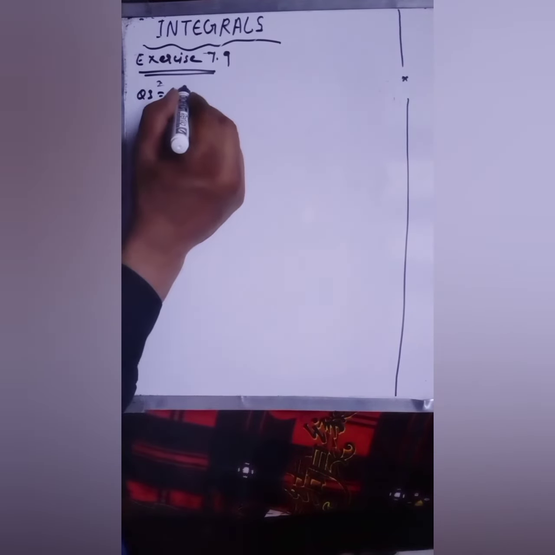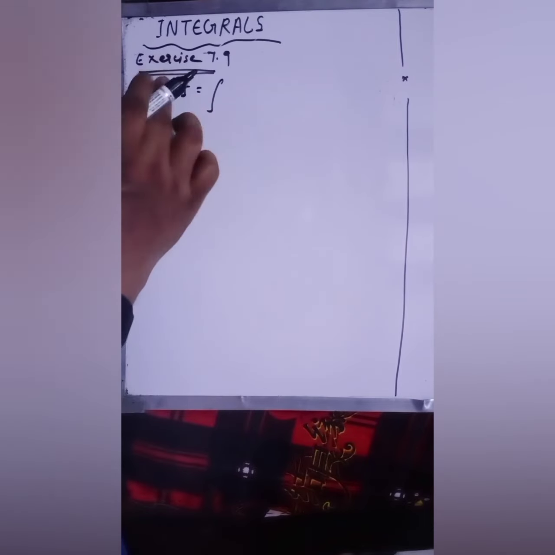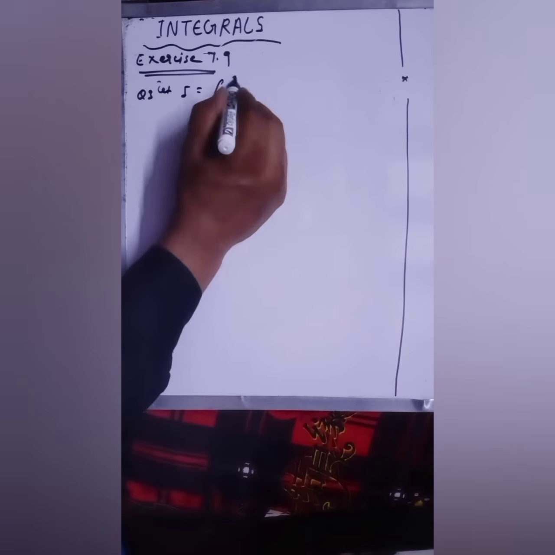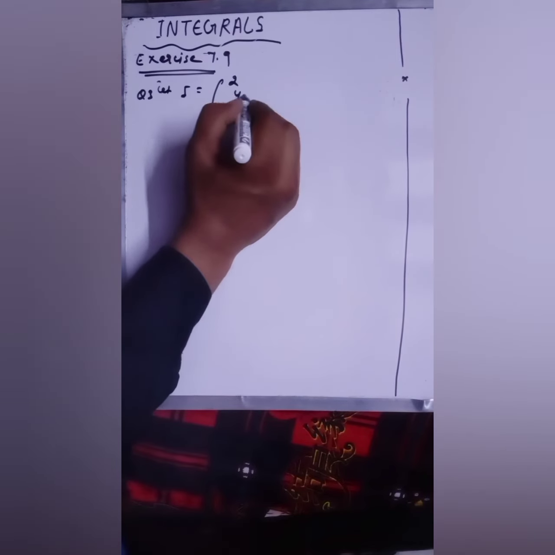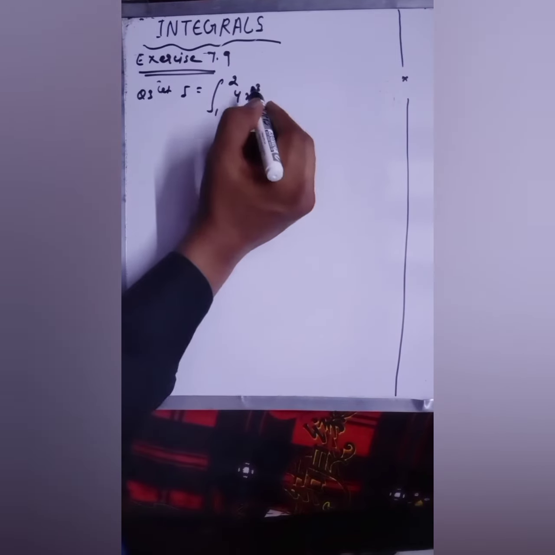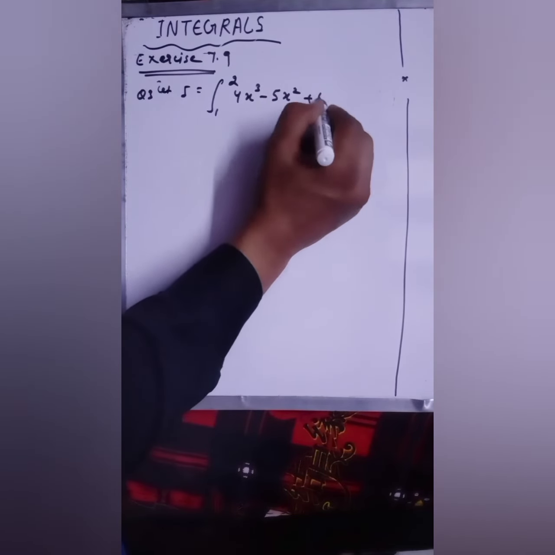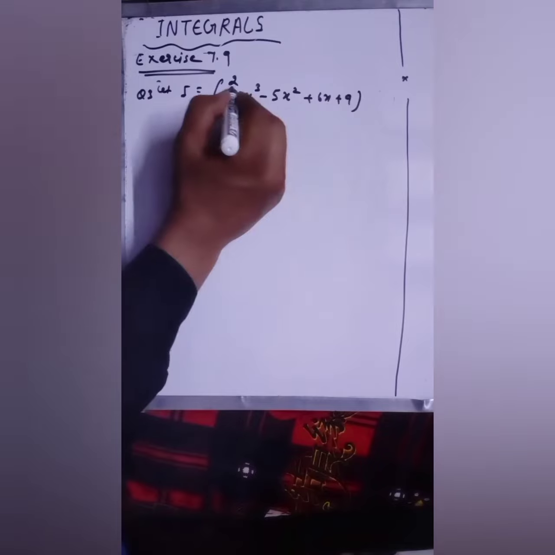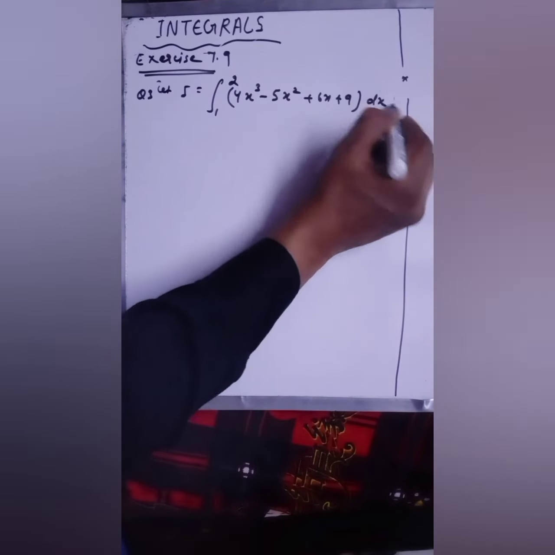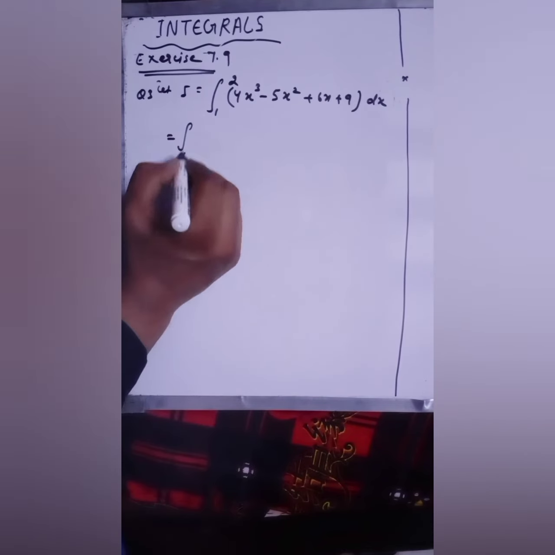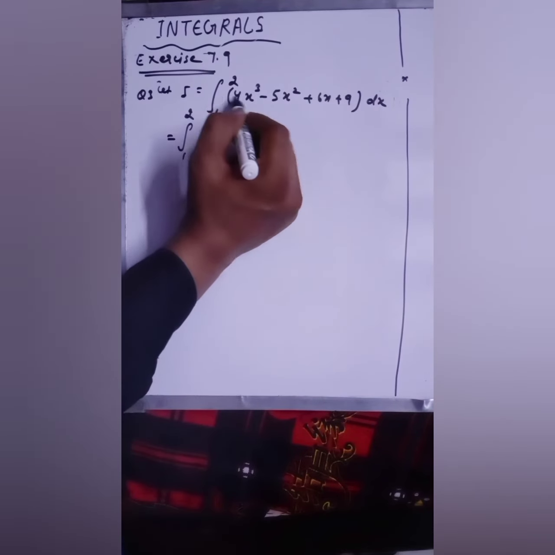Question number 3. We are assuming that this is I. The integral is given from 1 to 2 of 4x cube minus 5x square plus 6x plus 9 within brackets into dx. That is equal to the integral from 1 to 2. Now we are integrating this.